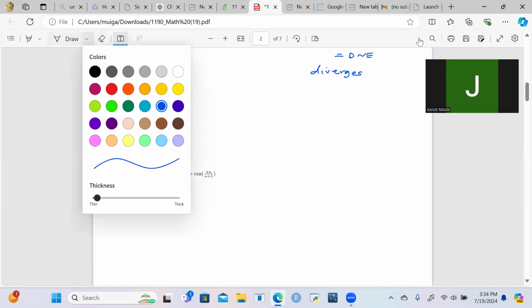The fourth one. So limit as n approaches infinity of cosine of n over n plus 1, then multiply by pi.